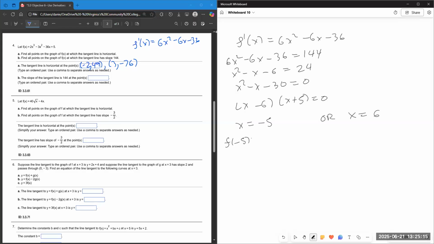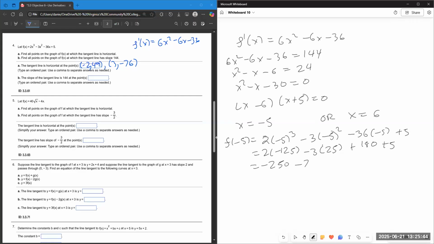f of -5 is going to be 2 times -5 to the third minus 3 times -5 squared minus 36 times -5 plus 5. 2 times -125 minus 3 times 25 plus 180 plus 5, so -250 minus 75 plus 185.